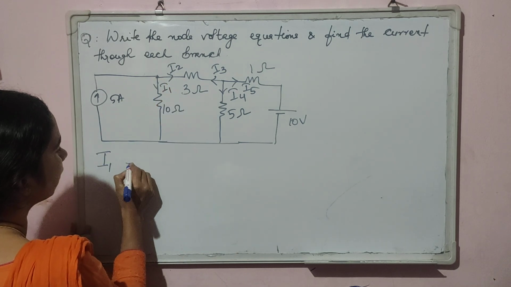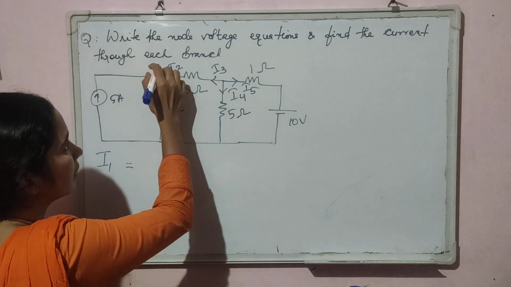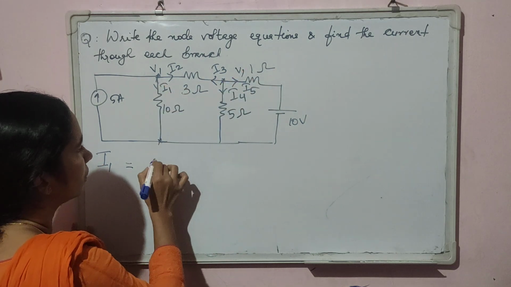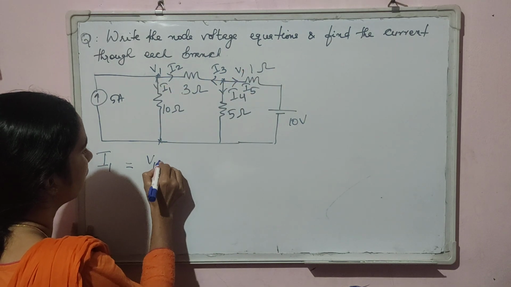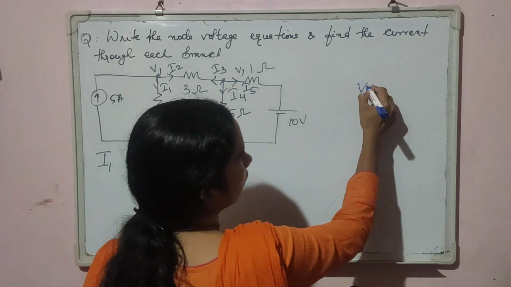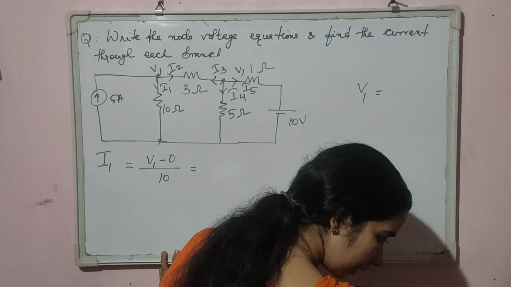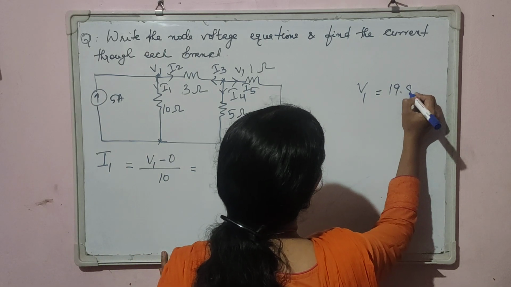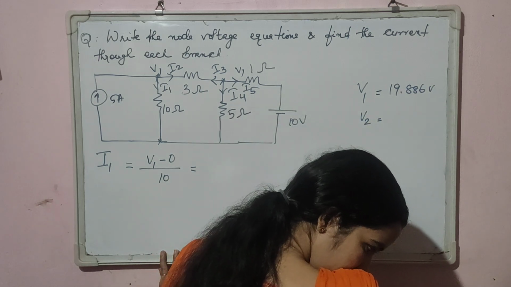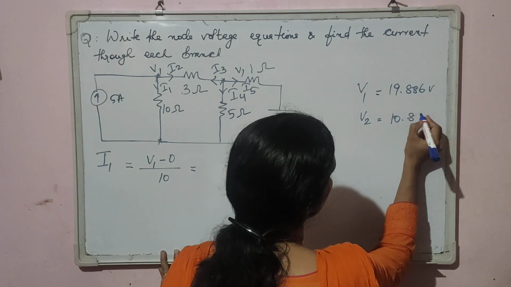So for that we have I1 is equal to V1 minus 0 divided by 10. And we have got V1 as 19.886 volt and V2 as 10.84 volt.